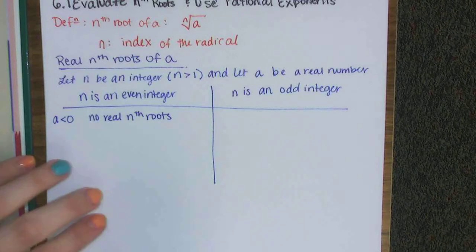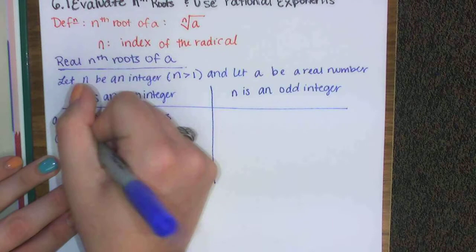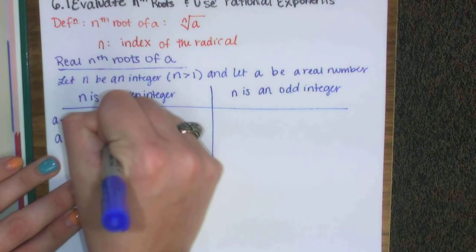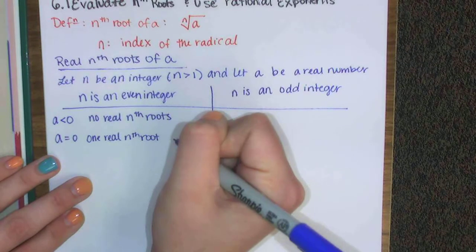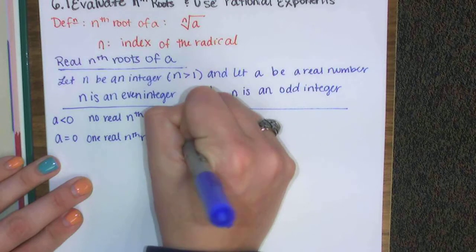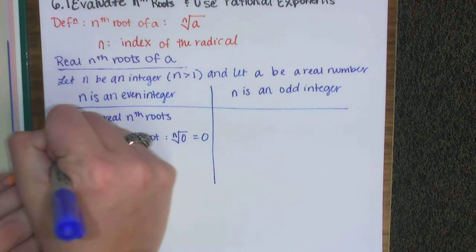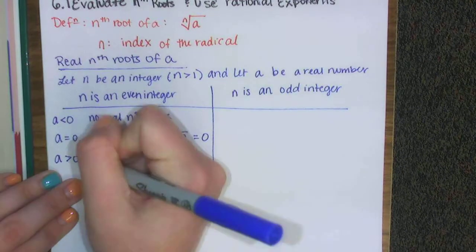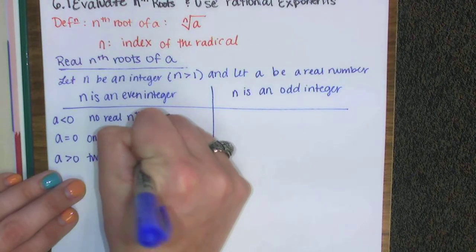If A is equal to 0, there is one real nth root, and we would write that as the nth root of 0 is equal to 0. And for A greater than 0, there would be two real nth roots.